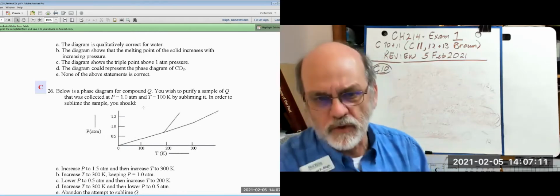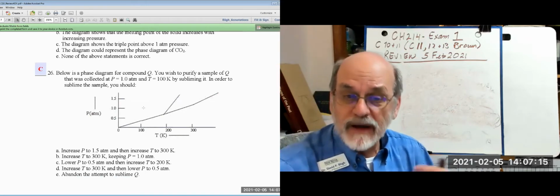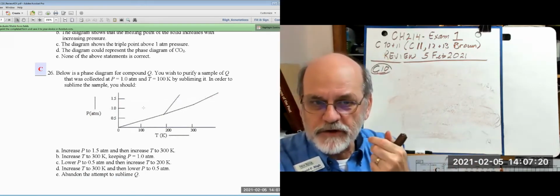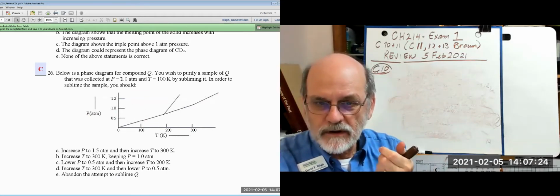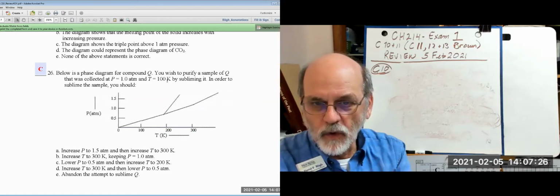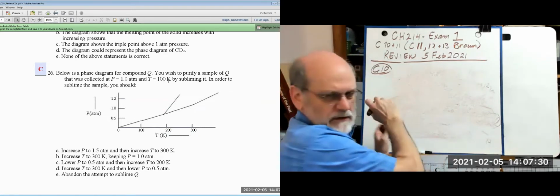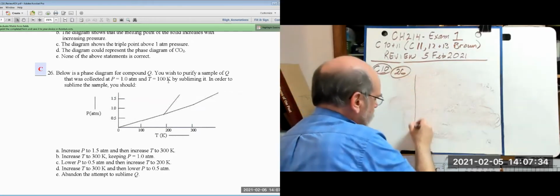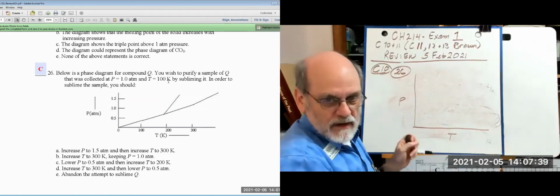26. Yep, we're going to look at 26 also. This phase diagram for compound Q. You wish to purify a sample of Q that was collected at 1 atmosphere and 100 K. All right, let me sketch this one out. So we've got pressure here, temperature here.